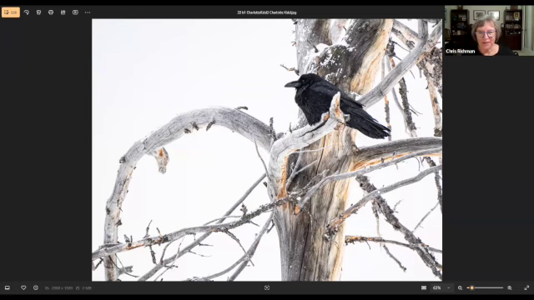I love crows and ravens, so I really enjoyed looking at this one. What I noticed about it, not only the detail in the tree, but the detail in the feathers. And I really want this to be the thing I look at in this image, but there's so much interesting stuff out here.